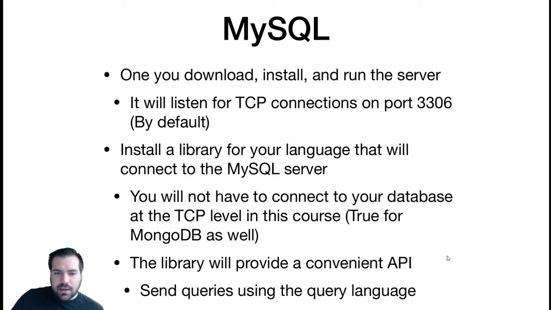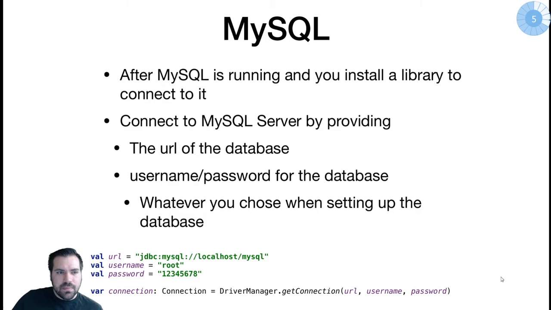And then that API you're going to use to actually talk to the database. So once we have MySQL running, here's some code. This happens to be Scala code, but I just want to give this as an example of what it'll look like in some language. These are the pieces that you're going to need to tell your API.